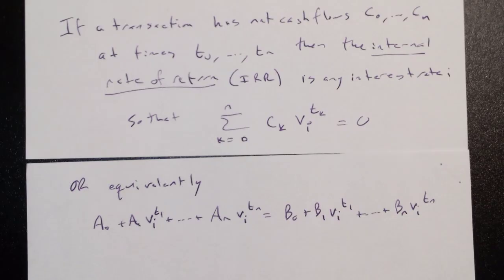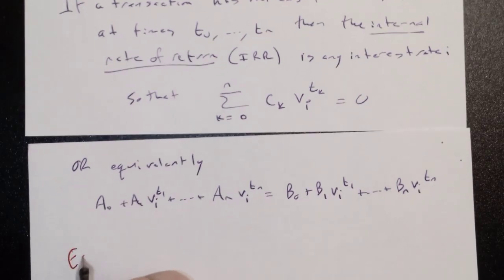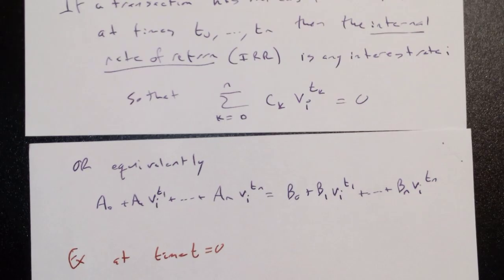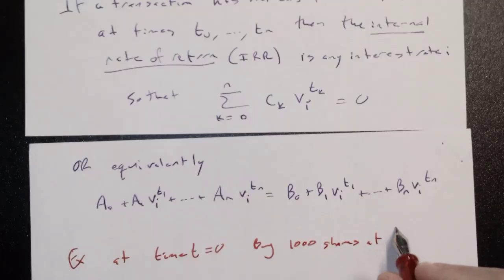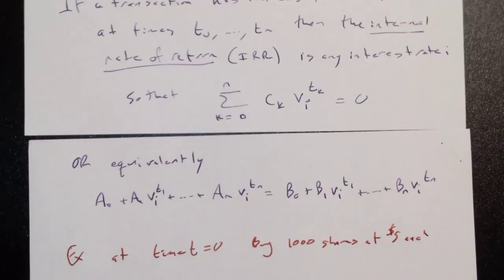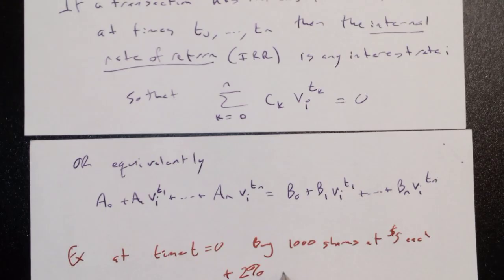Let's do some stock exchanges. I'm going to buy some stock. At time zero, I buy 1,000 shares at $5 each. Plus, I have to pay commission to my sales agent, 2% commission.